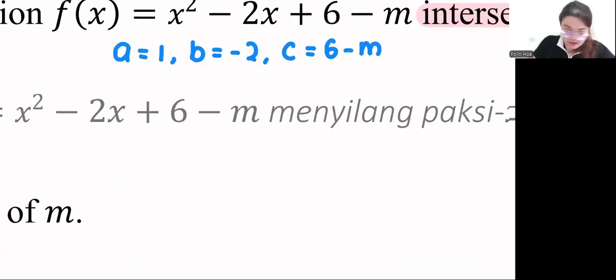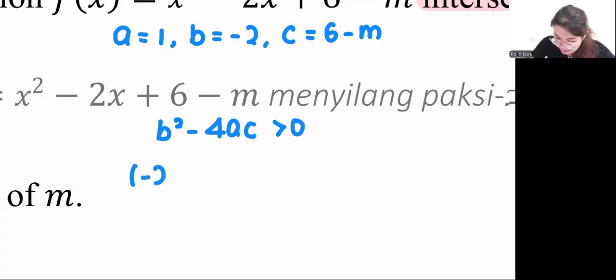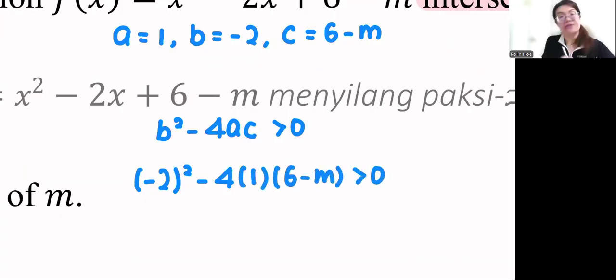Since it intersects at 2 points, b squared minus 4ac is bigger than 0. You don't just say, teacher, I know, negative 2 squared is equals to 4, then you finish. You will be wrong, no way. Minus 4ac is bigger than 0.